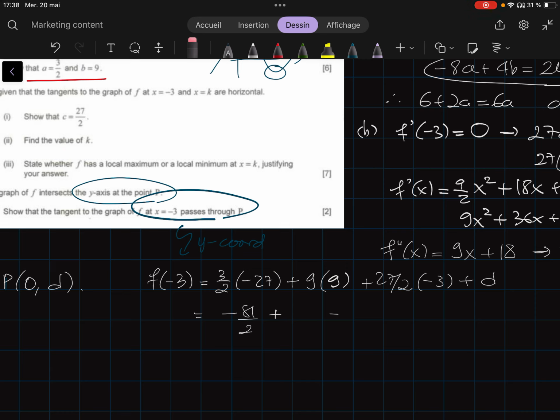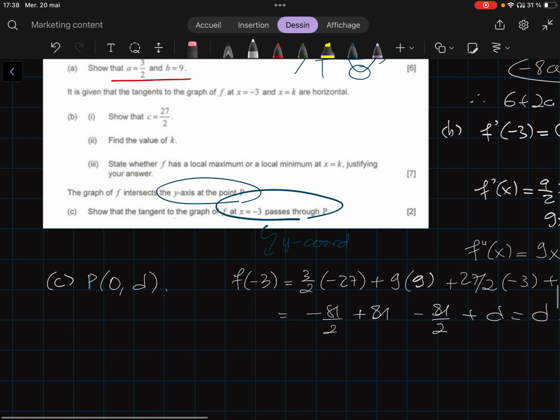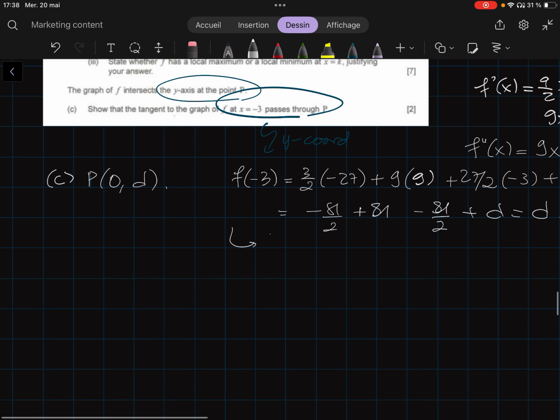There should be a plus 81 minus another 81/2 plus d, so it should give you d. So we know that the tangent line is actually y equals to d, and this passes through 0, d.